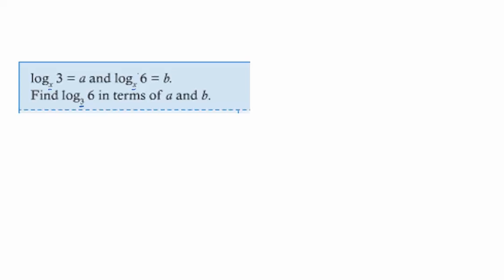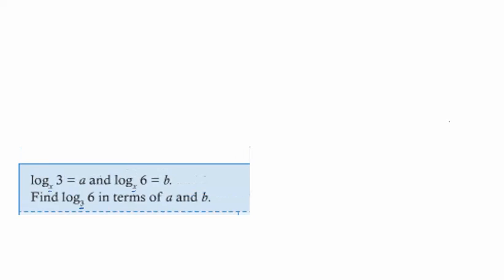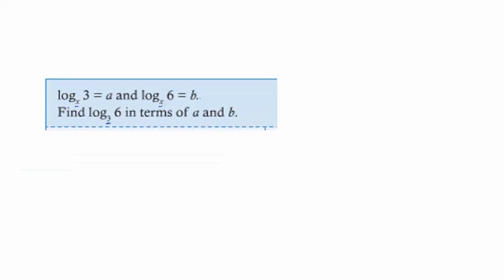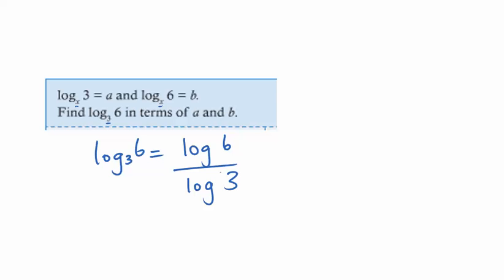Well, if we just look back at our rule up here, the log of A base B is the log of A over the log of B. So let's just rewrite that then. Log of 6 base 3 is the same as log of 6 over log of 3. And here I can choose any base that I like. Now what is going to make sense is to choose the base that I know here.